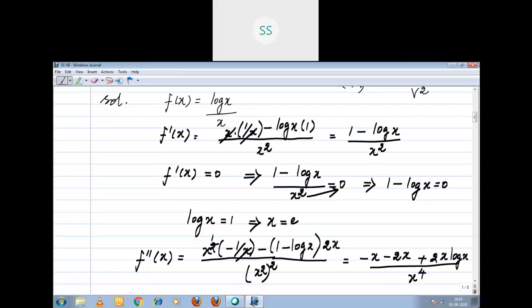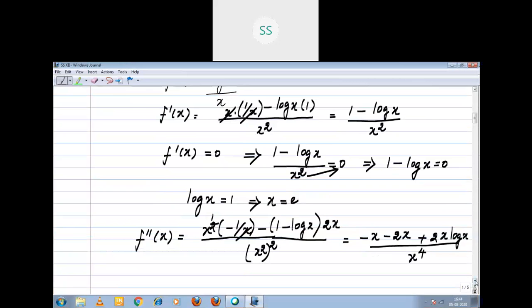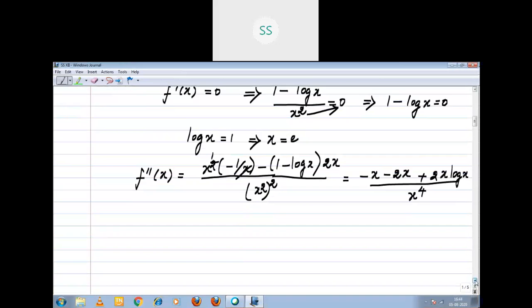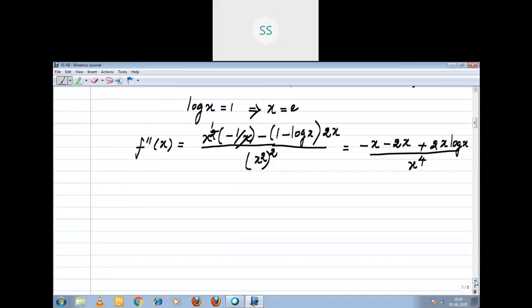Minus x minus 2x. See? Now you are simplifying the second order derivative. f double dash of x equal to minus 3x plus 2x log x divided by x power 4.